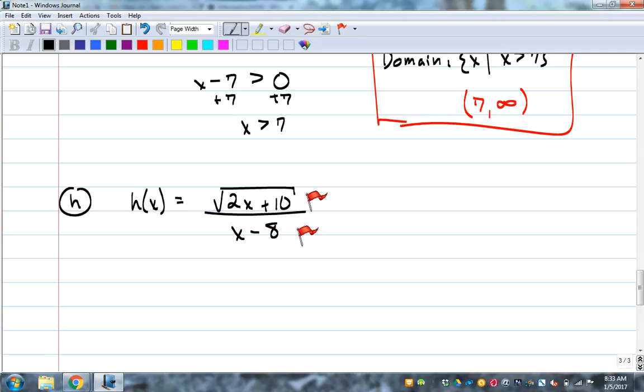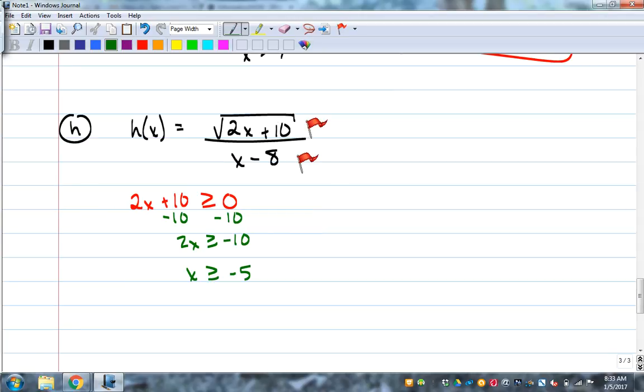Or equal to? It's in the numerator, so it still has the equal to part, because it's okay if you divide into 0.